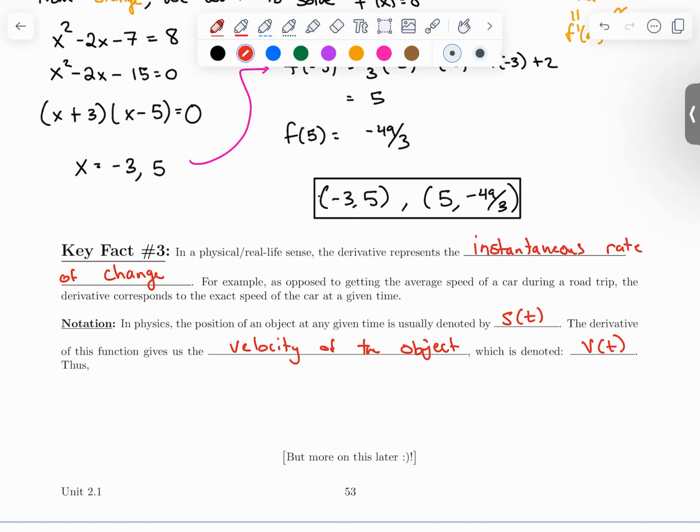See, now they're starting to make sense. V for velocity. I really don't know why they have to do S, but anyways. So in that regard, S prime of t is equal to V of t. I say that because that's kind of confusing: when we write velocity, we're going to be writing V of t, which is a derivative of the position. So just know that in order to find the velocity, you take the derivative of the position.